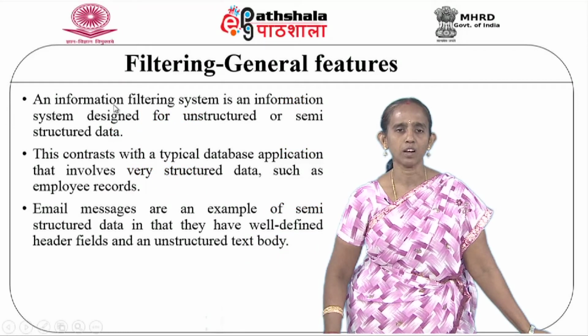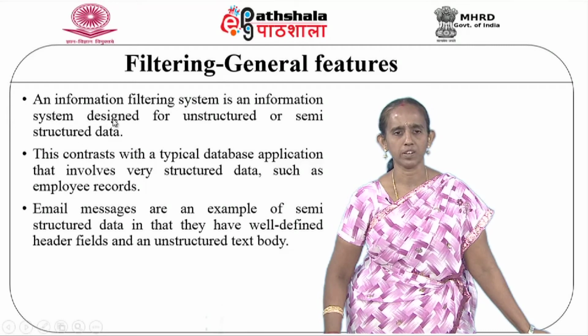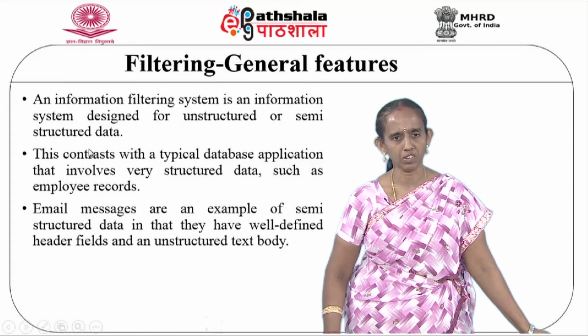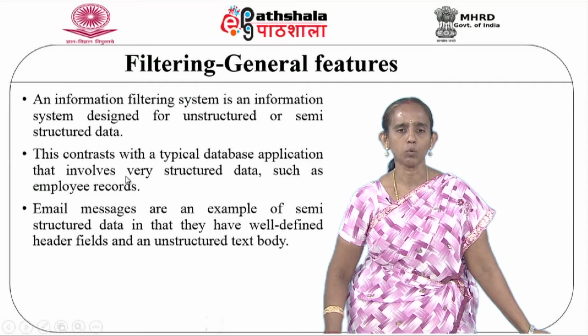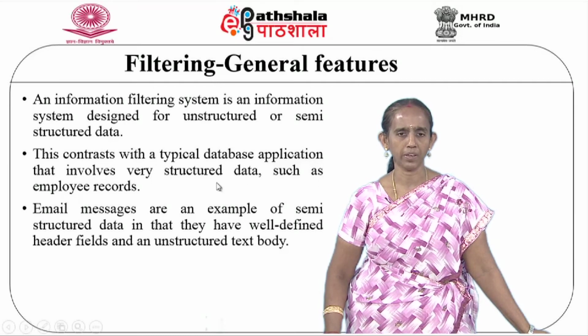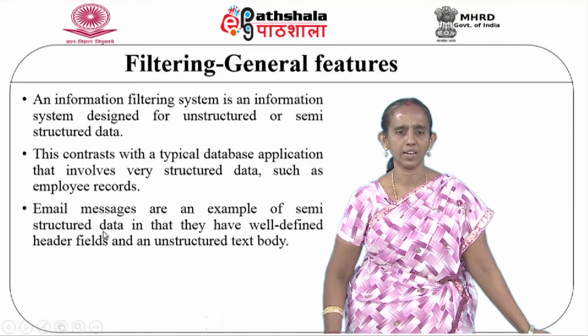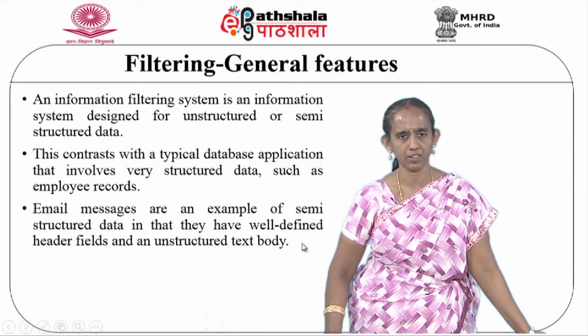Some of the general features of filtering are: an information filtering system is an information system designed for unstructured or semi-structured data. This contrasts with the typical database application, which involves very structured data such as employee records. Email messages are a good example of semi-structured data in that they have well-defined header fields and an unstructured body text.